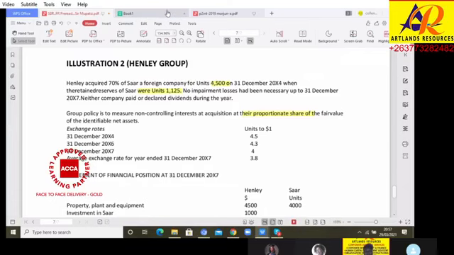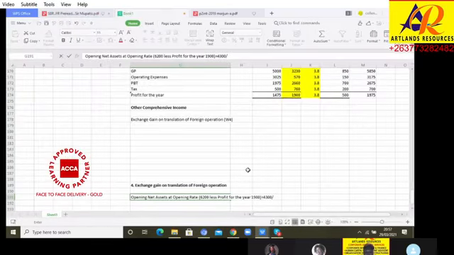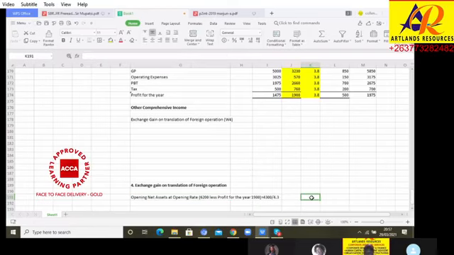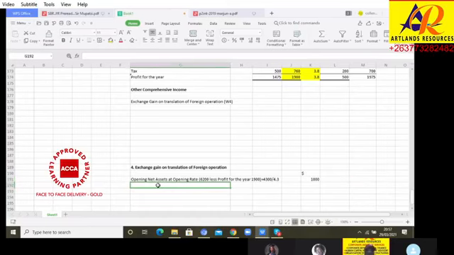It was 4.3. So you say over 4.3. So opening net assets at opening rate, this is now dollars, equals 4,300 divided by 4.3. So it's 1,000.